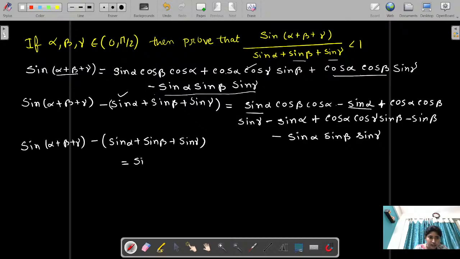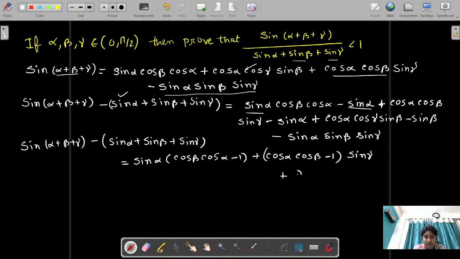So I will get sine alpha into cos beta cos gamma minus 1, plus cos alpha cos beta minus 1 into sine gamma. Again I will get here sine beta into cos alpha cos gamma minus 1.